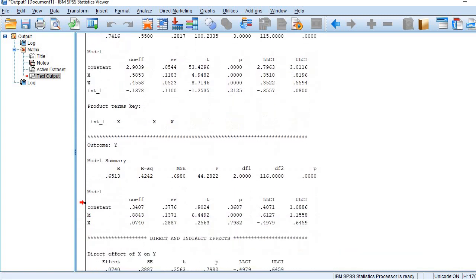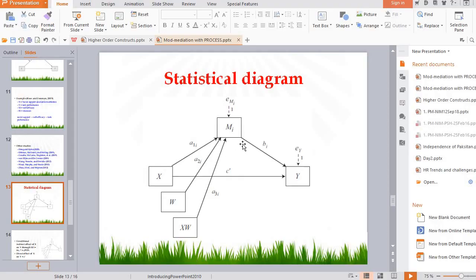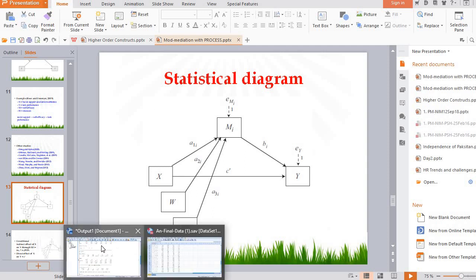In the next table you see the outcome variable is y. In this particular case there are 2 predictors. The first one is x, the second one is m. Let's see the results.